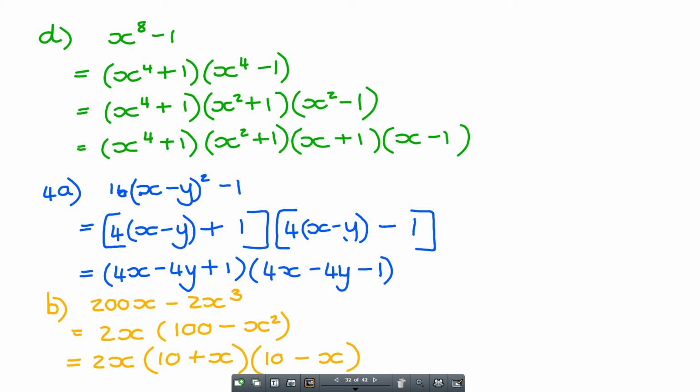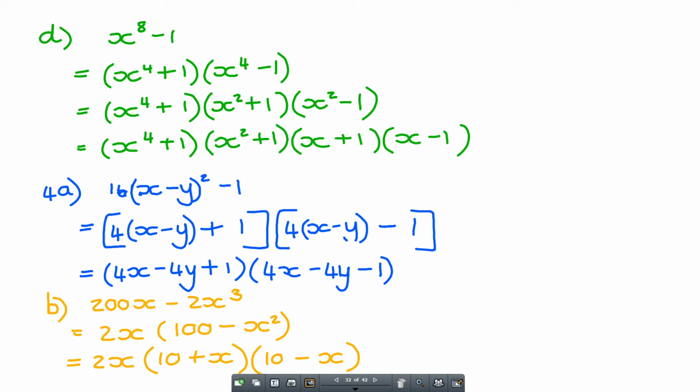I have got a minus in between. Can I get square root of each? Yes. So you will see that I started with big brackets. What's square root of 16 x minus y squared? That will be 4x minus y.